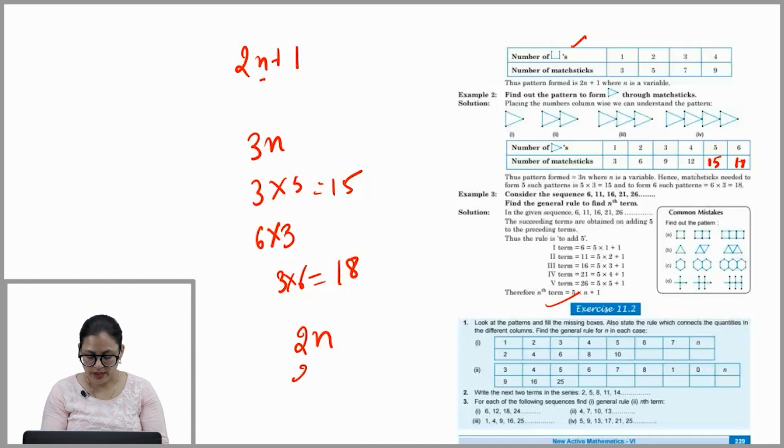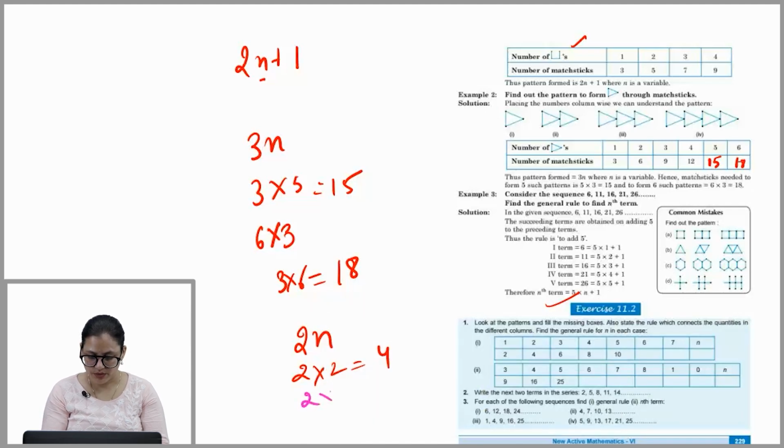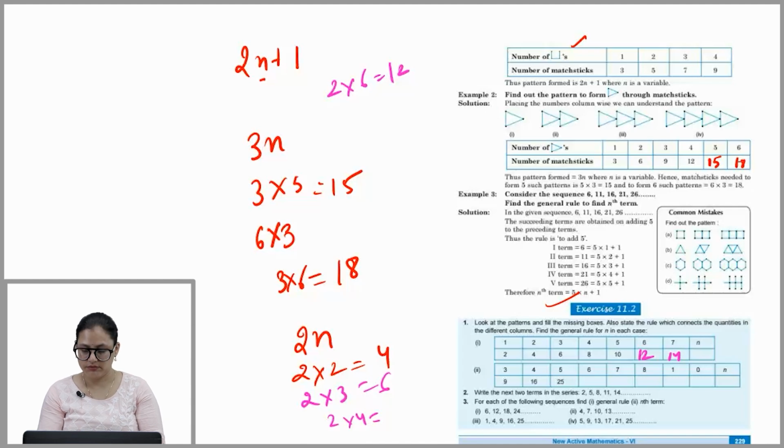See, n is 2, so we get 4. Then 2 into, if n is 3, we get 6. And 2 into 4, if n is 4, we get 8. Then we have to find this. 2 into 6 is equal to 12. 2 into 7 is 14 and for n it is 2n. Right, students?